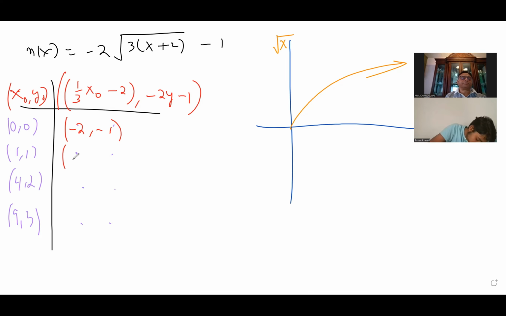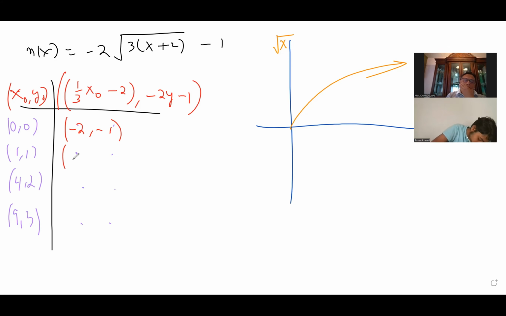1/3 multiplied by 4 minus 2, by negative 2 multiplied by 2 minus 1, which equals 4/3 minus 2, by negative 4 minus 1, which equals negative 2/3 by negative 5.